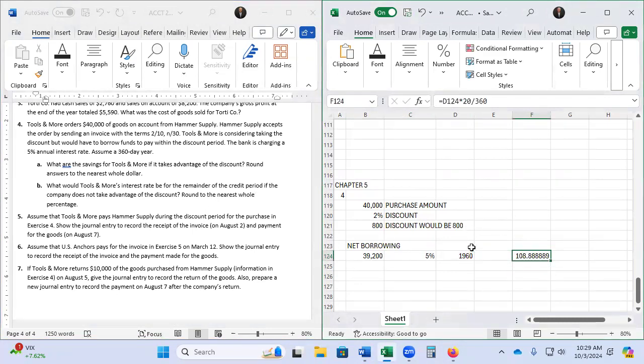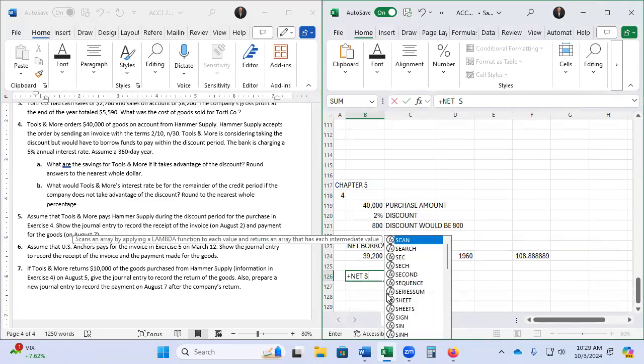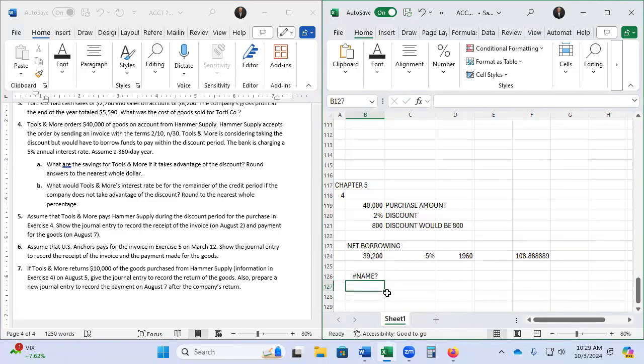And so that gives us 109. And so the net savings, sorry, is the 800 minus the 108 or 691.